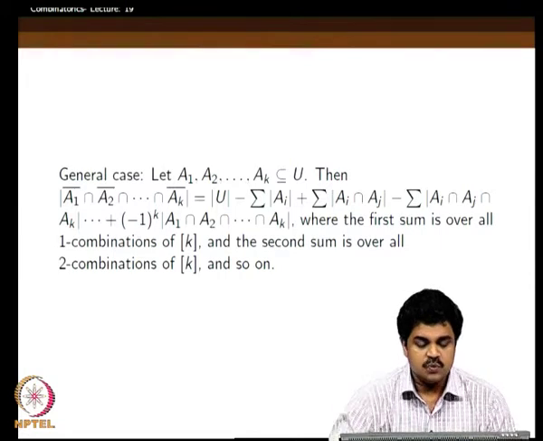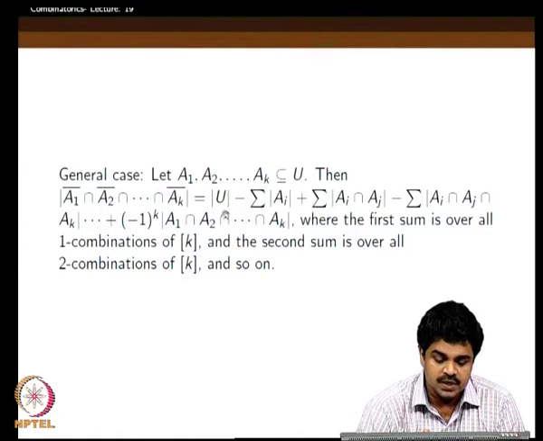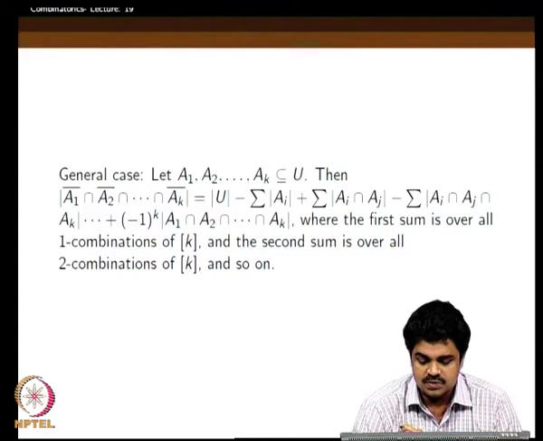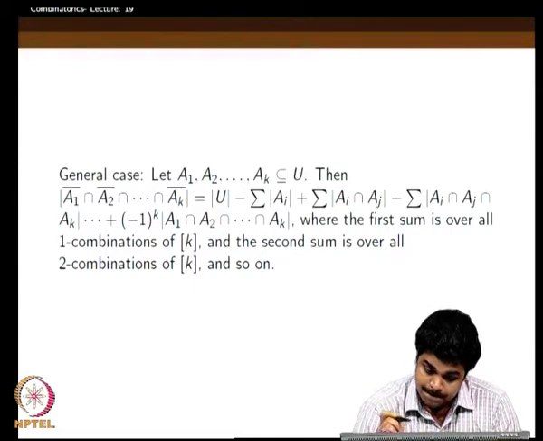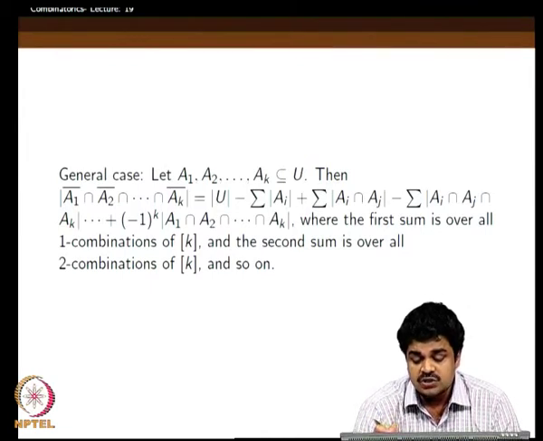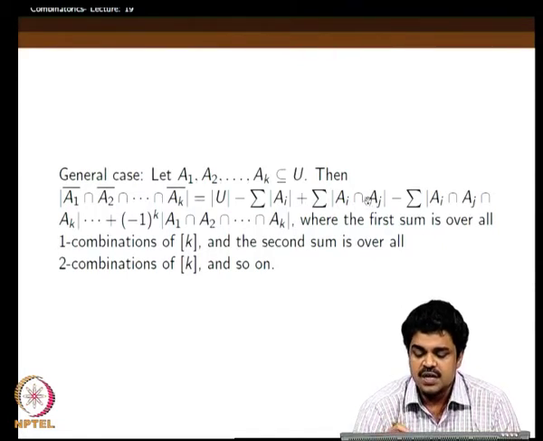It is equal to the cardinality of U minus the sum of the cardinalities of the AIs, you sum up the cardinalities of each set given, plus the sum of the cardinalities of AI intersection AJ, where I not equal to J, for each 2 element subset of 1 to k. You take those corresponding intersections and add the cardinalities together.